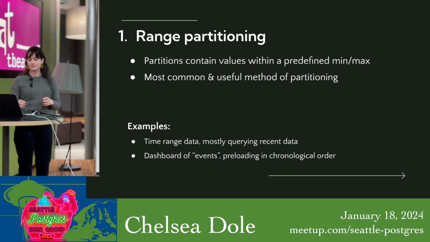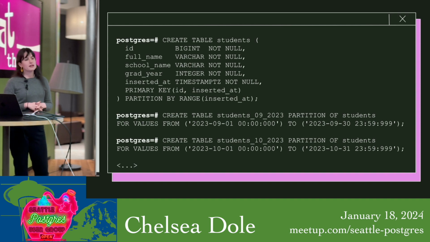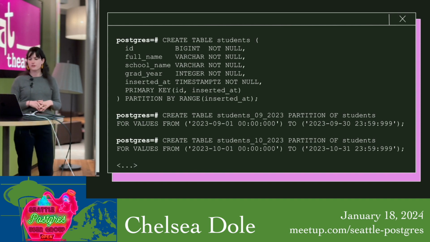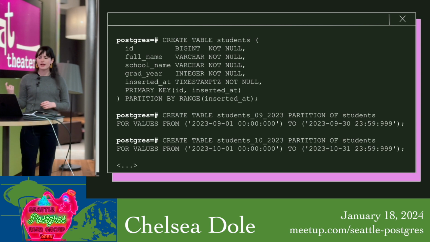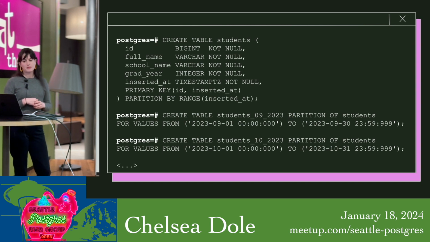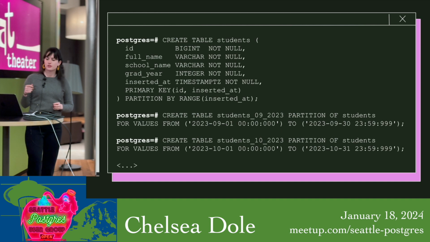That might be easier. When you create a range partition table, your syntax would look like this: creating your table students with a bunch of columns. And you'll see that we have at the end partition by range of inserted at. Here, inserted at is the partition key, which you'll notice is a required non-nullable field. And then after that, I am able to create partitions.